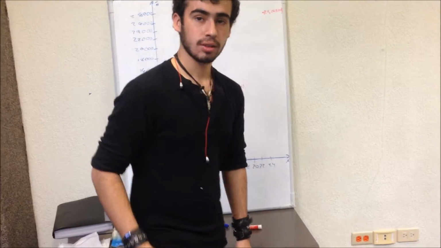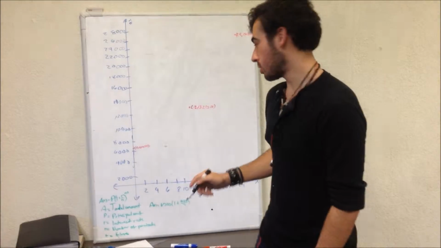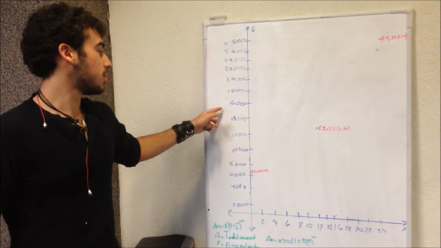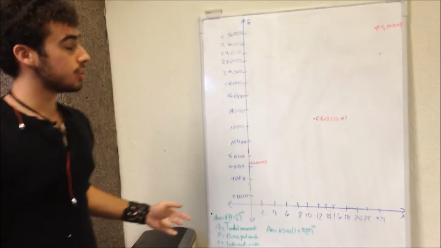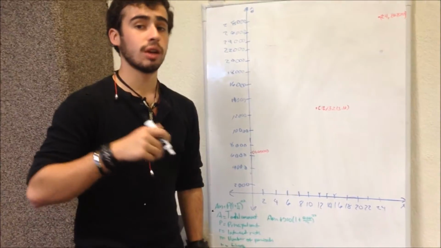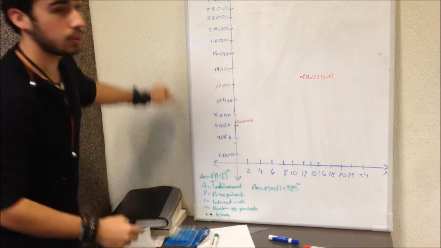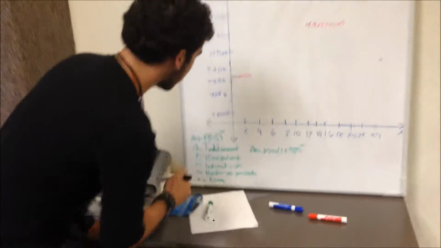Thanks. Okay, continuing what Rafa said, this is now the semi-annual interest. This is kind of special because it uses a different equation. This equation is the compound interest, not the continuous one.